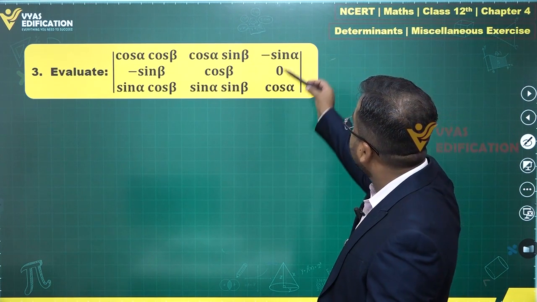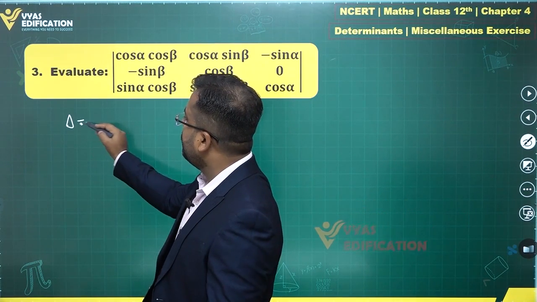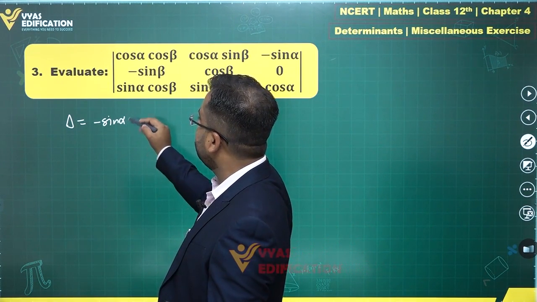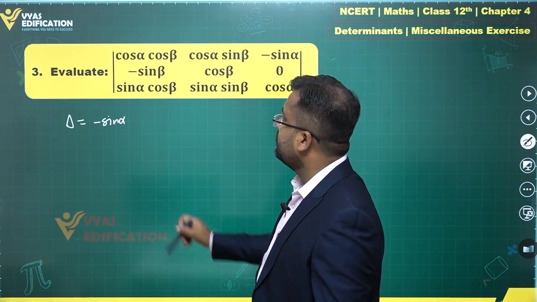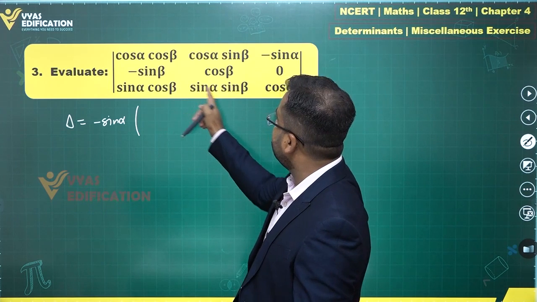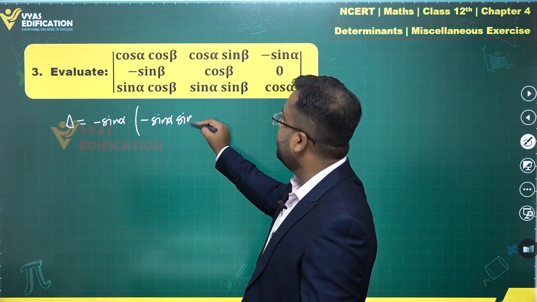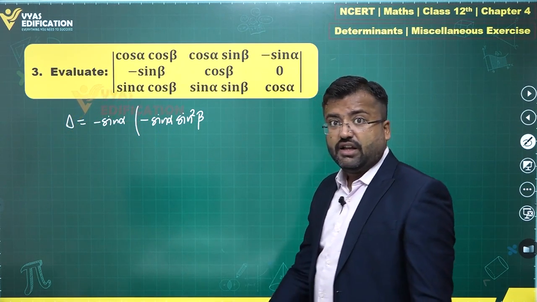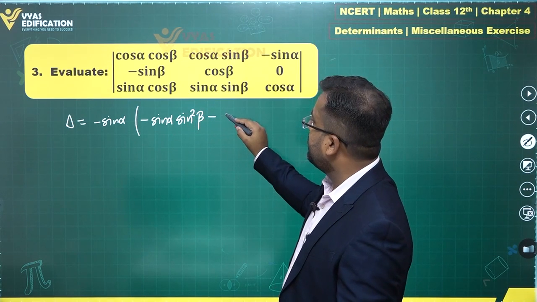Expansion directly along maybe this column as well, right? So delta will be equal to minus sin alpha is the first term times this determinant, cross and cross. So what you'll get is minus sin beta times sin beta, which will be minus sin alpha sin square beta. This is what you'll get, right? This times this will be with a minus, cos beta will become cos square beta.